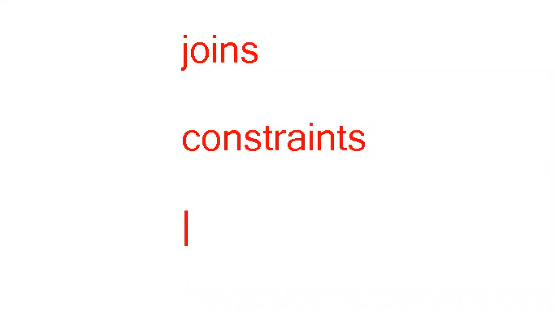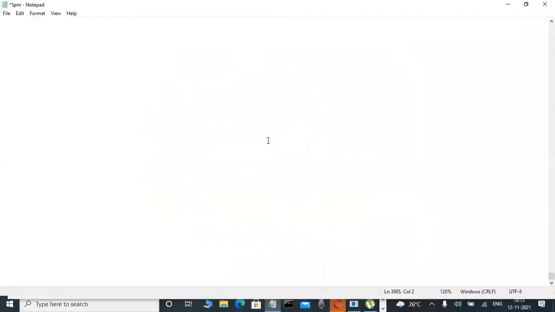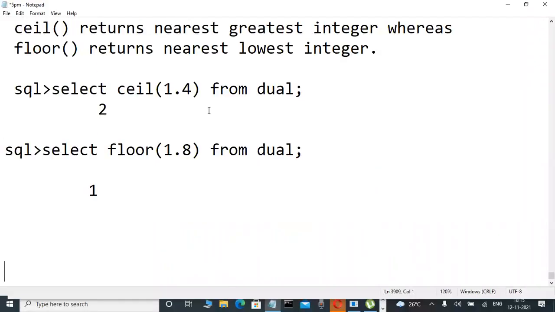Joins are mandatory in every database, either SQL Server, Oracle, DB2, or Sybase. Constraints means primary key, foreign key, check, unique, not null. A very important chapter. Subqueries is a very big chapter, a query within another query. These three chapters are the main ones. After that come views, sequences, synonyms, TCL, DCL, and the merge statement.